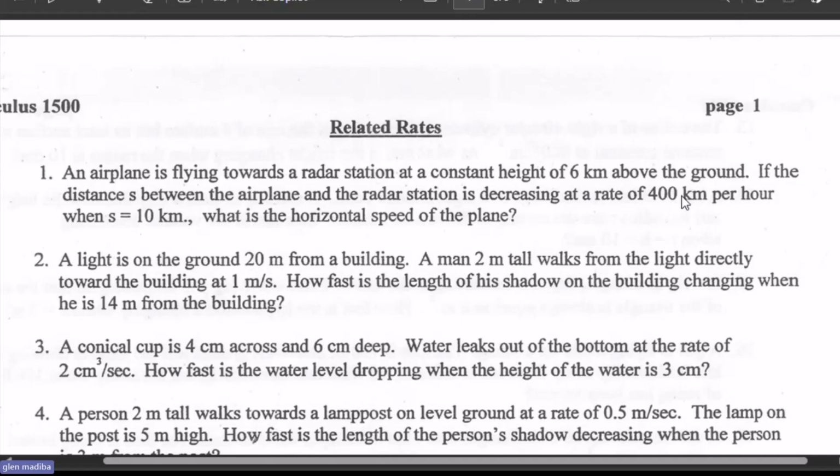So now that means where you drew that line from the y to that line is 14 meters, because they are saying, how fast is the length of his shadow on the building changing when he is 14 meters from the building? Is it making sense? Yes, sir. Meaning from y to that line you drew is 14 meters.